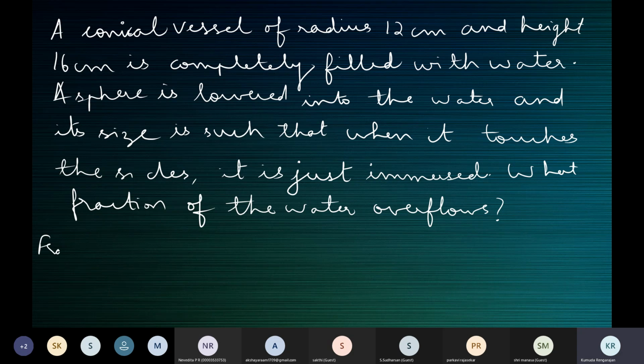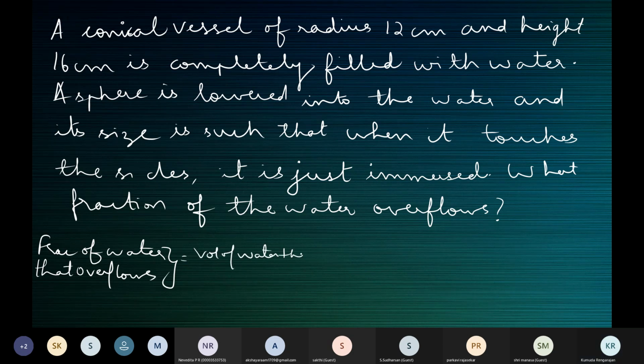Fraction of water that overflows is equal to the volume of the water that overflows by the total volume of water. This is how you find the fraction, like 1/4 of the water overflows or 2/3 of the water overflows.